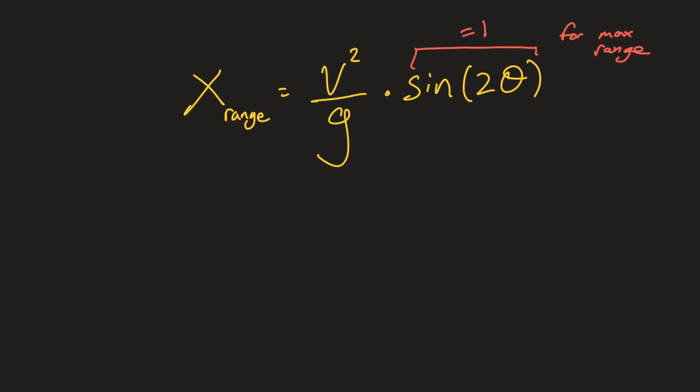All right, now I've kind of cleaned this up here at the top. And, you know, if this term, sine of 2 theta, does equal 1 for that maximum range, the farthest it can go horizontally, is there anything else we can extract here? Well, yeah, I hope you can see it. We just multiply 1 times v squared over g, and now we've proven that the maximum range for a projectile launched on level ground, which is at 45 degrees, right, is just v squared over g.